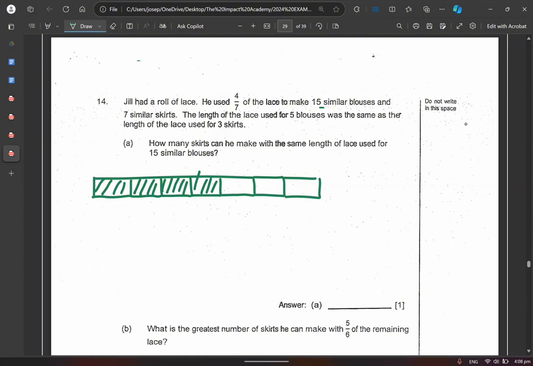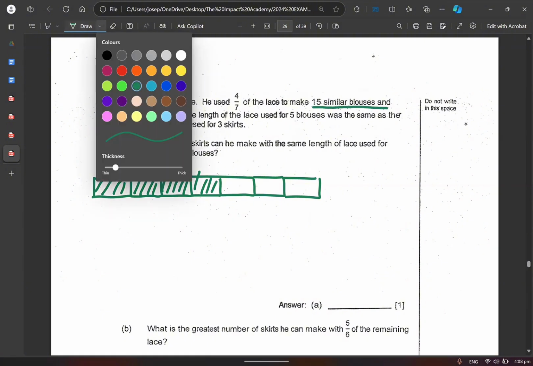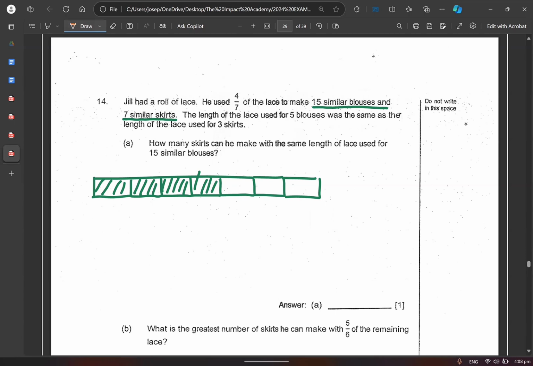To make 15 similar blouses and 7 similar skirts. When I see something like that, right, it means that whatever that is over here is basically 15 blouses plus 7 skirts. Now, let there be no confusion. This is a question, right? Called remainder of remainder under type.